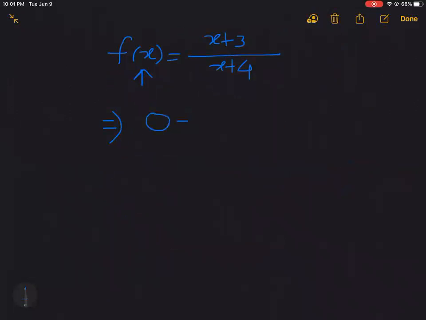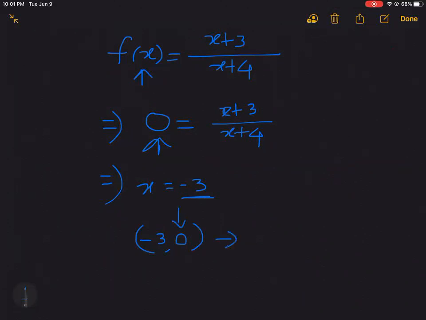So 0 equals x plus 3 over x plus 4. If we solve it for x, we get x equals -3. So our x-intercept, the point rather, is -3, 0. Because for -3, of course, our value, as we know, is 0. So this is the x-intercept.